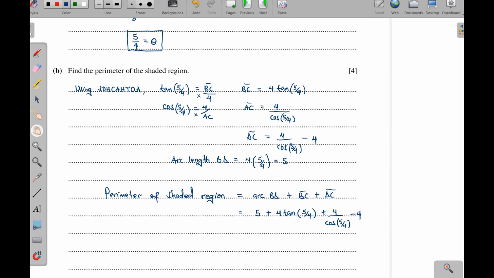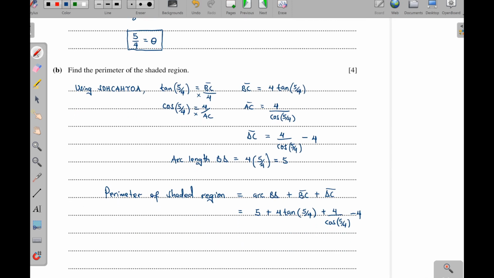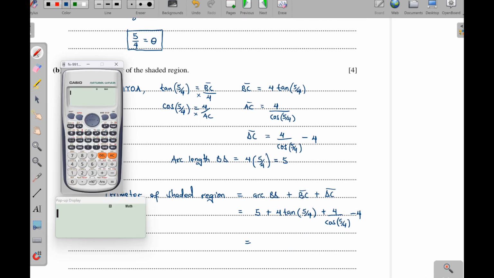So putting everything in the calculator to 3 significant figures, what are we going to have? Remember, the calculator has to be in radians. So we have 5, then minus the 4, of course, that will be a 1. So I'll just put 1, then plus 4 tan of 5/4, then plus 4 out of the cosine of 5/4.